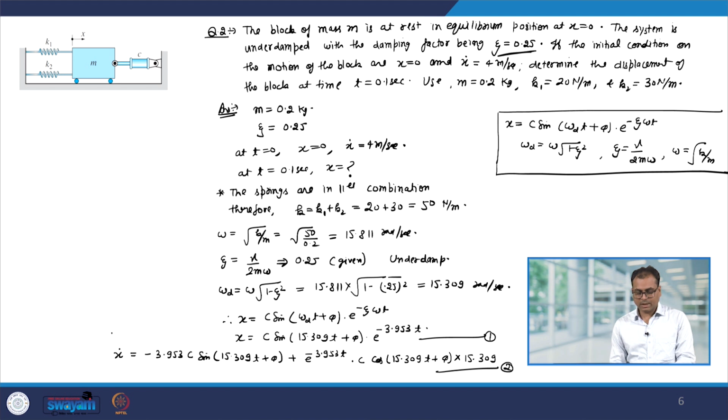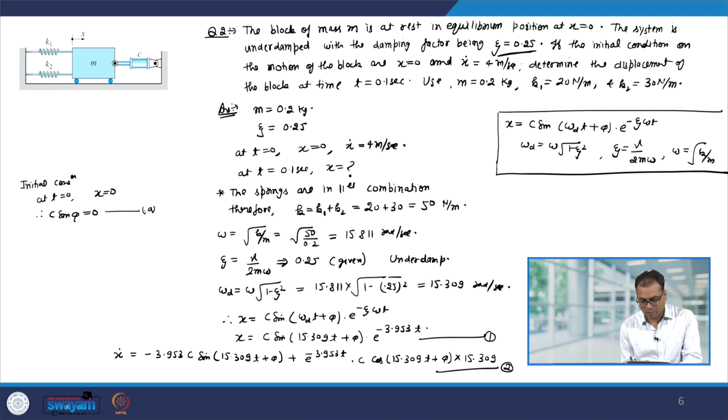Now, the initial conditions are given. And what are the initial conditions? At t equal to 0, x is equal to 0. So, let us put t equal to 0 and x equal to 0 in equation number 1. So, we have c sin phi equal to 0.